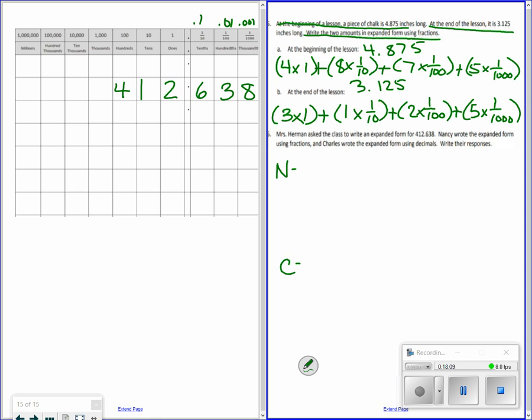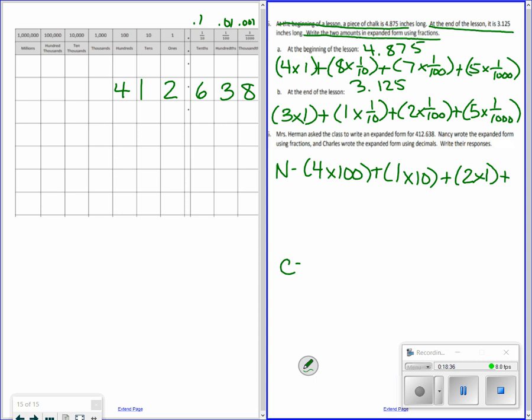So 4 times 100. But you got to have 2 different expanded forms. Yeah. You have to write expanded form because that's what it tells you to do, right? Write what they wrote. 1 times 10. 2 times 1.